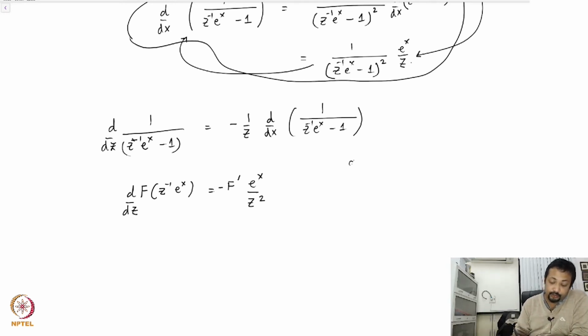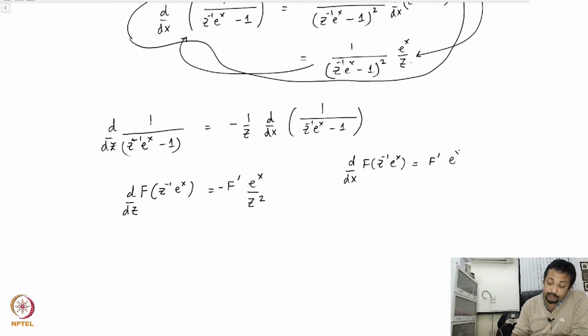and if you want to take d/dx of f of z⁻¹eˣ, then this is just going to be f dash, right? This is just chain rule of differentiation.